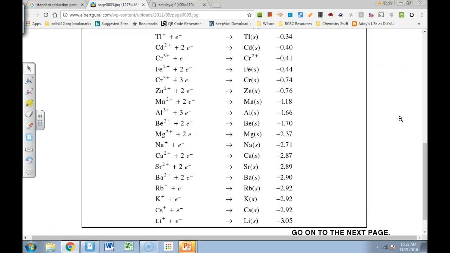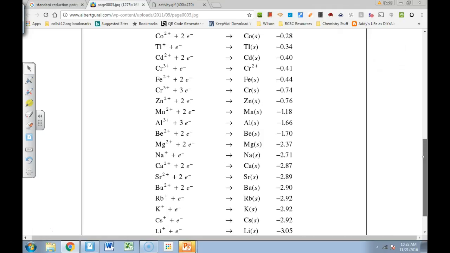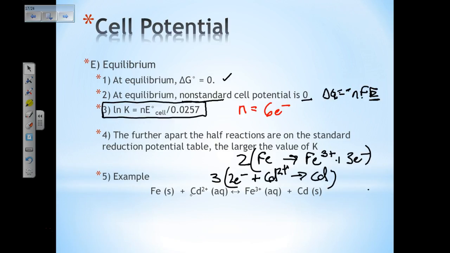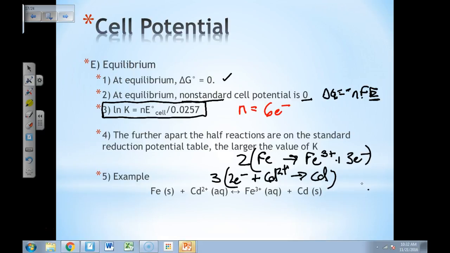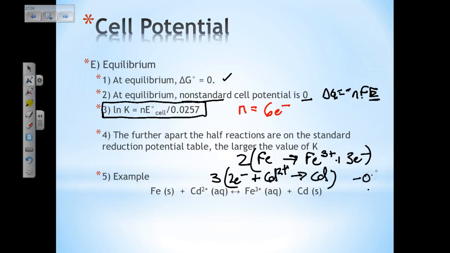Well, I do have cadmium, that one I know I have. So cadmium 2 plus 2 electrons is negative 0.40. I'm going to pull up a different reduction potential, so give me a minute.